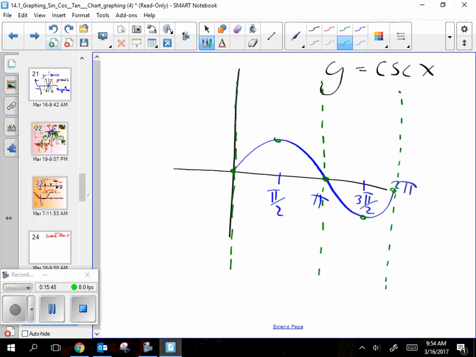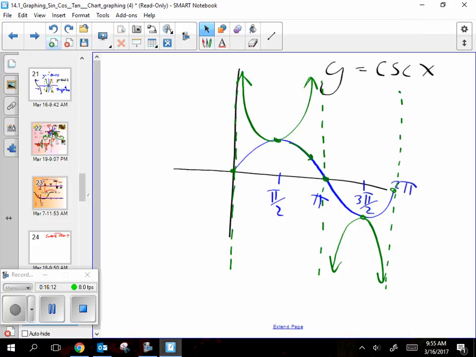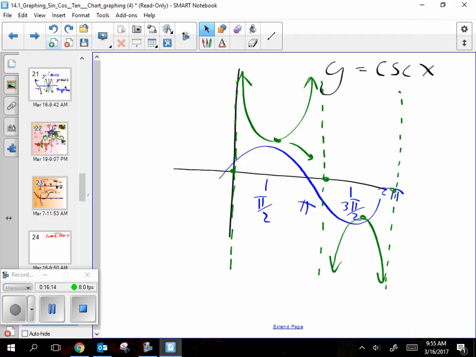and then these are the only spots it'll share, because I don't know if you remember doing reciprocal graphs earlier in the year. The spots where it was equal to 1 and -1 are the only spots they share. Then, as this gets really small, this one gets really big. So there's these loops. And basically, the cosecant is riding on the back of its sister function, which is the sine function. So I'm going to get the sine out of here.